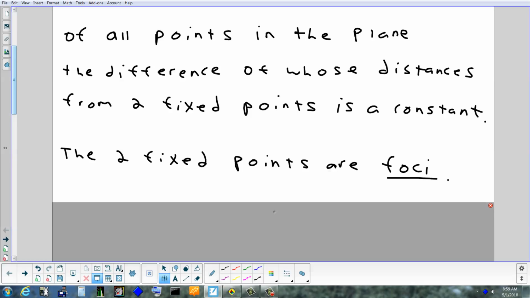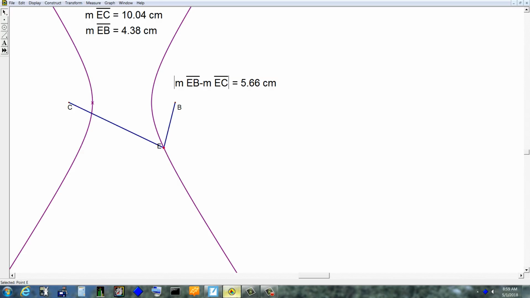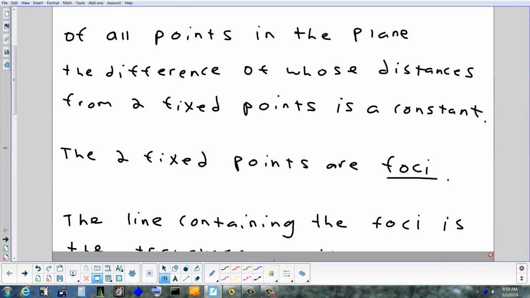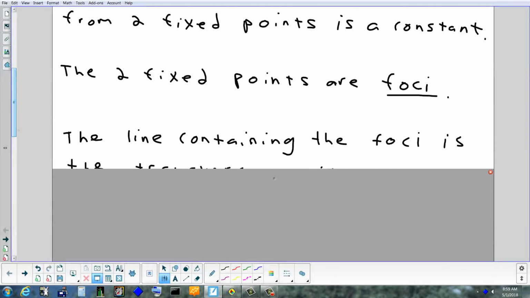Those two fixed points that we're measuring the distance to, and then finding the difference, those are the foci. So in my picture, C and B are the foci. Now, if you draw a line through the foci, what was that called for an ellipse?